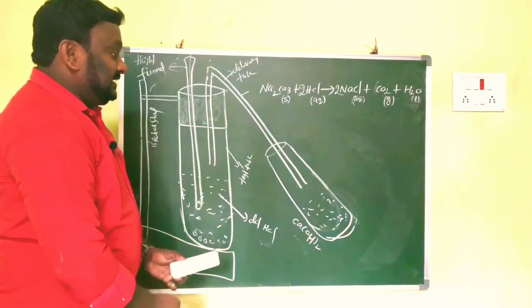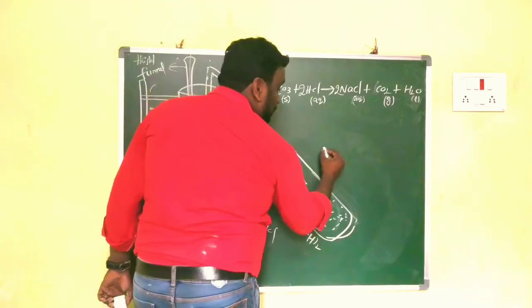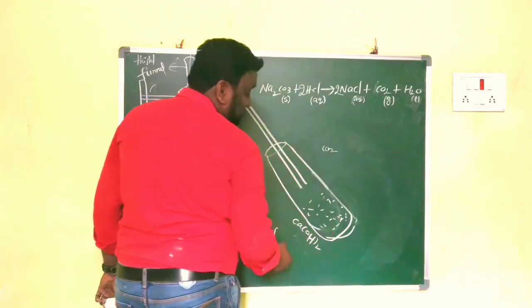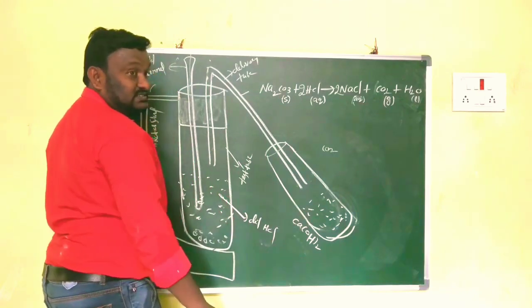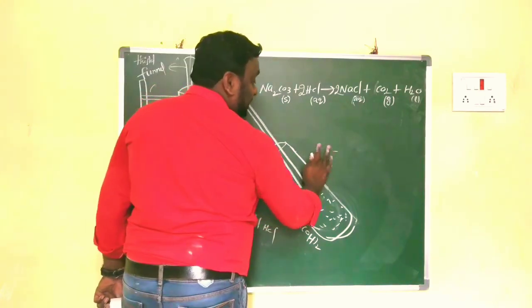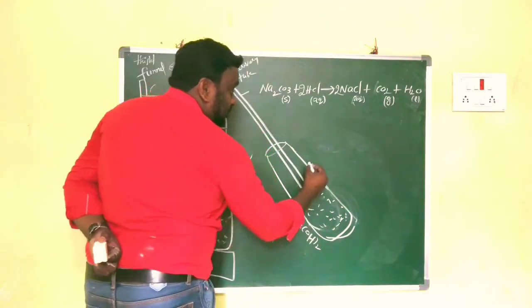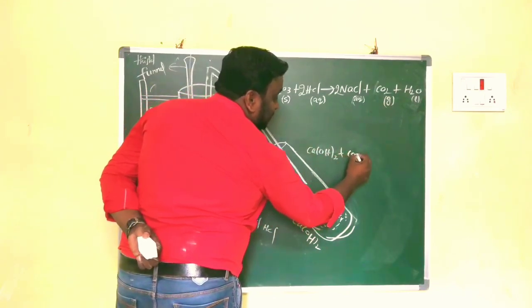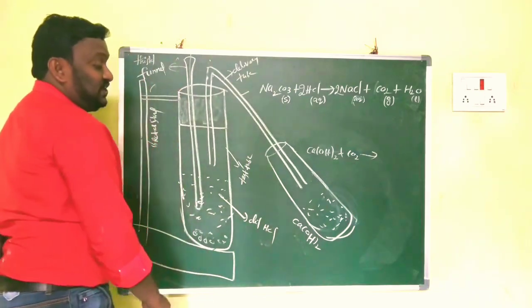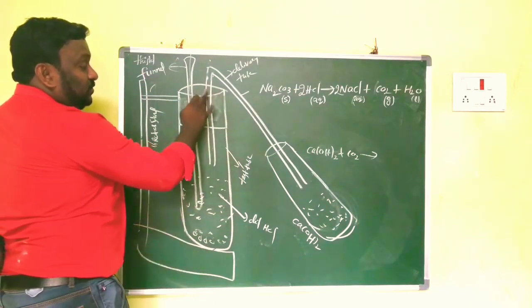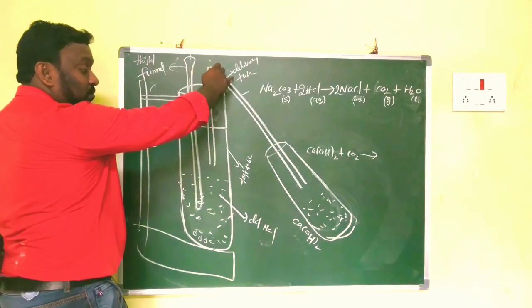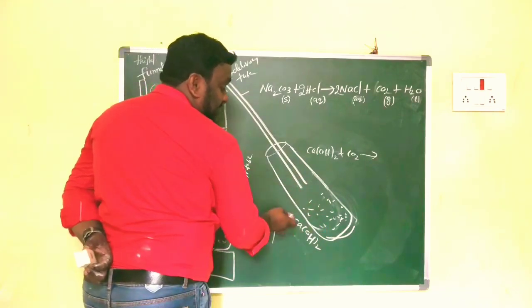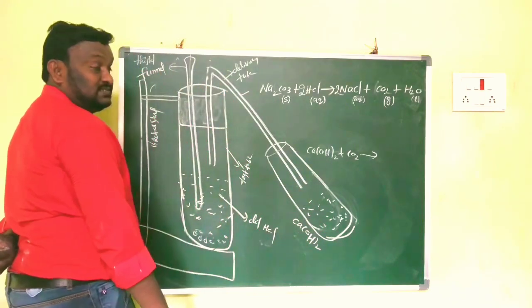So after that the CO2 goes to the calcium hydroxide. Then what is happening there? Let us see here. Calcium hydroxide plus CO2. The CO2 goes through the delivery tube and reacts again with the calcium hydroxide.